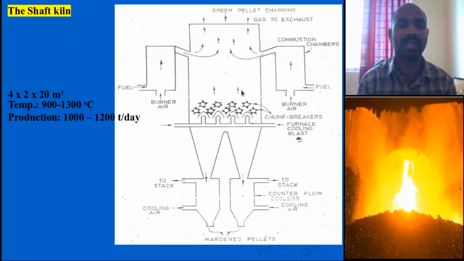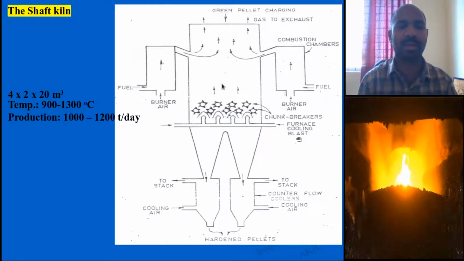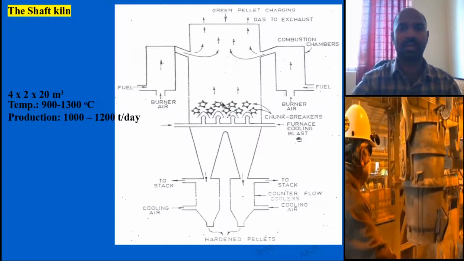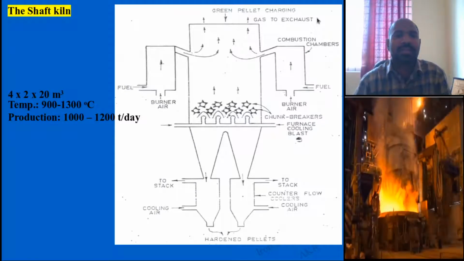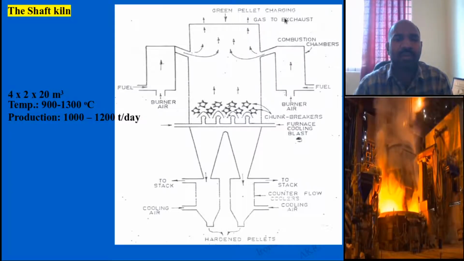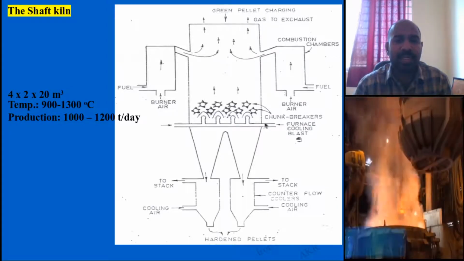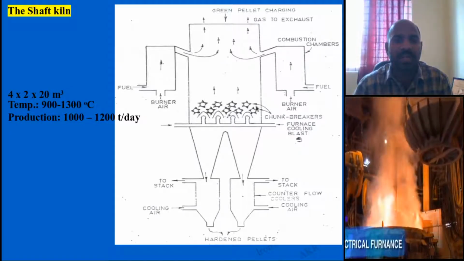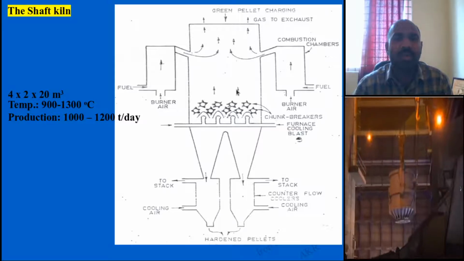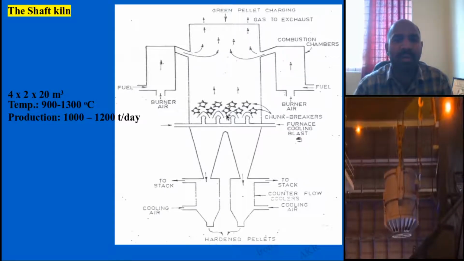The gases which evolve in the shaft go directly to the atmosphere, or you can choose to send them to a gas cleaning plant. And from this crusher you will be getting uniform hardened pellets.